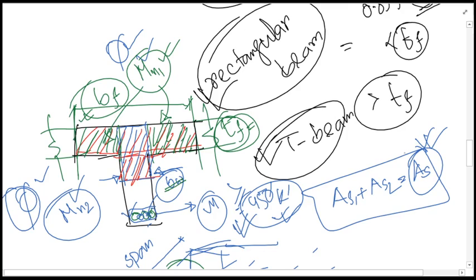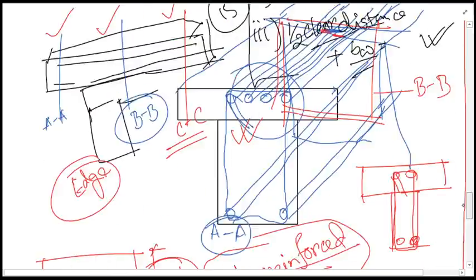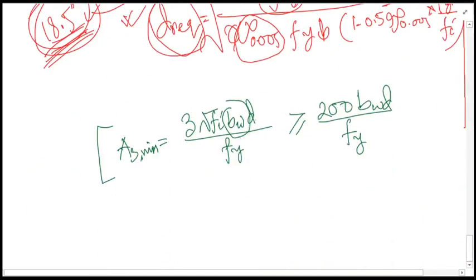But whenever you calculate As minimum, keep remembering that you must use the web width as bw in all cases. You will have to check whether this As minimum governs in any case or not. If you see that As minimum is governing, then it will replace the As required in that case.